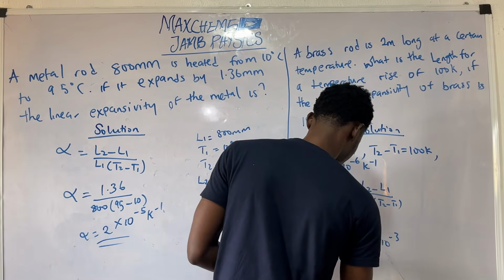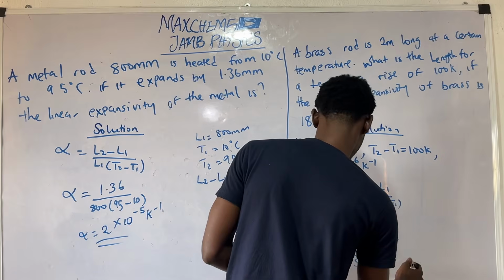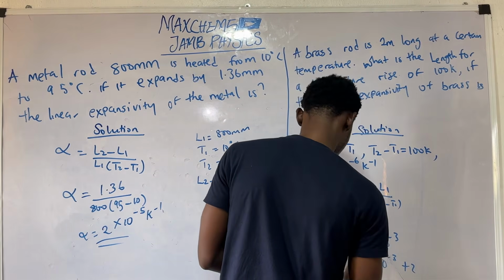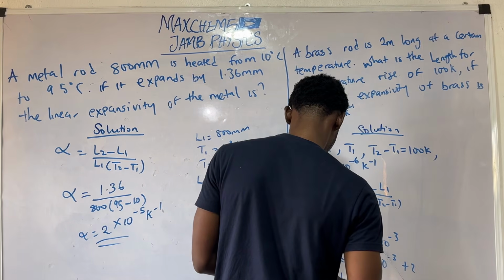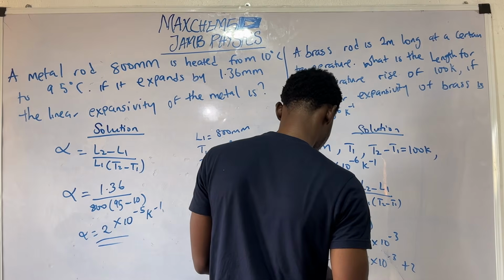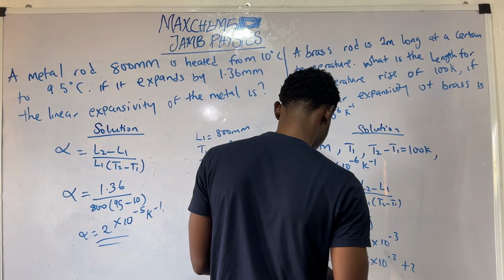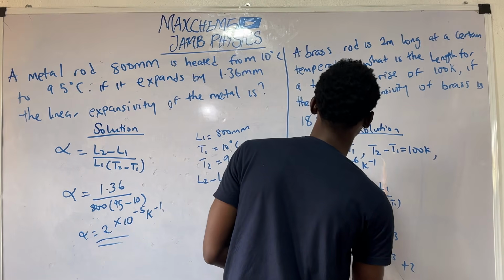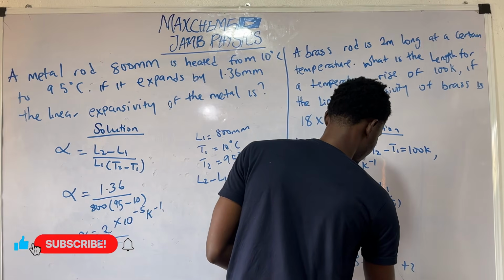So L2 becomes 3.6 times 10 to the power minus 3 plus 2, which is approximately 2.0036 meter.